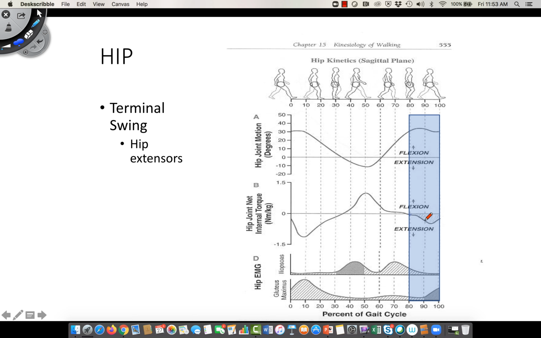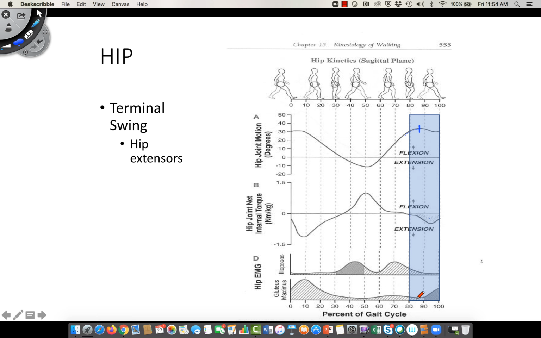Now we have the hip extensors as the agonist, and we can see the kinematics plateau at about the transition from mid swing to terminal swing, arresting the motion of the femur, which then allows the tibia to swing forward into extension.